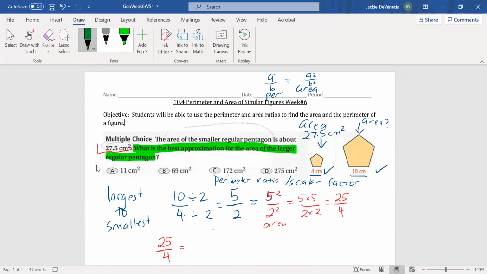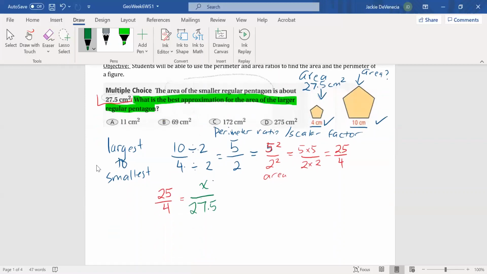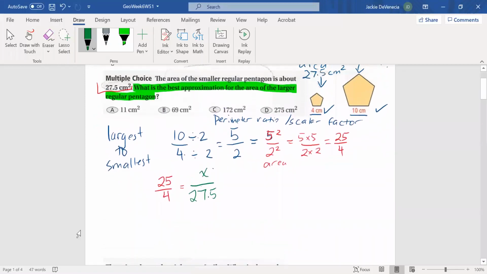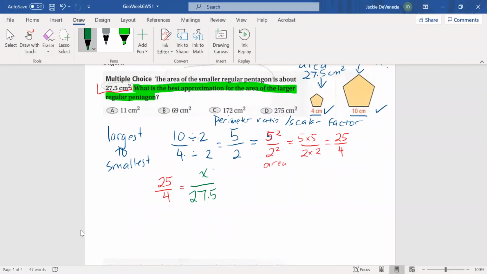So 27.5 goes with the smaller one, so it's going to be across from 4. And I don't know what the area of the bigger pentagon is, so I'm going to call this X. So if I scroll down, now I'm going to do something that we've seen multiple times.